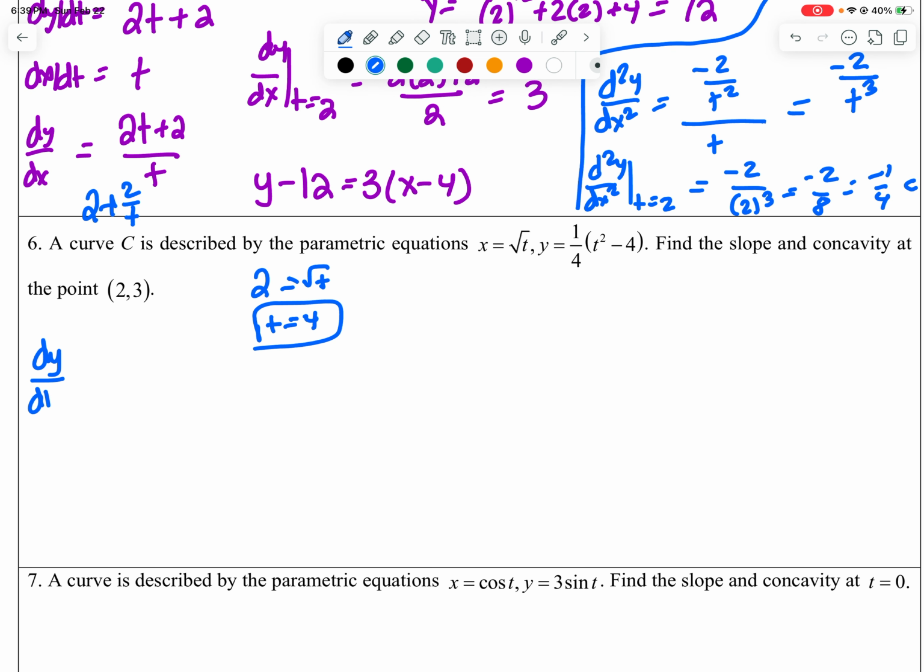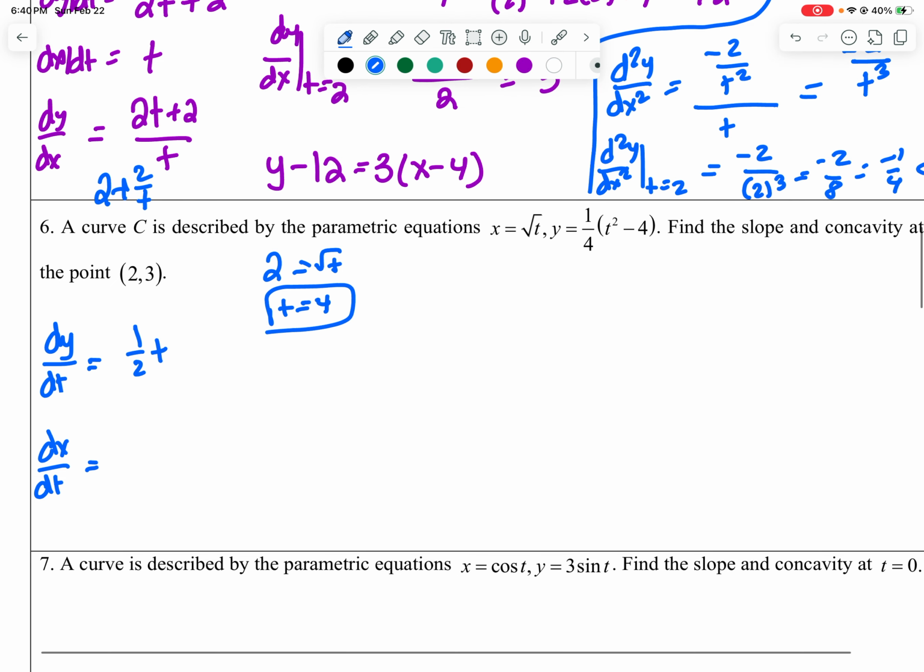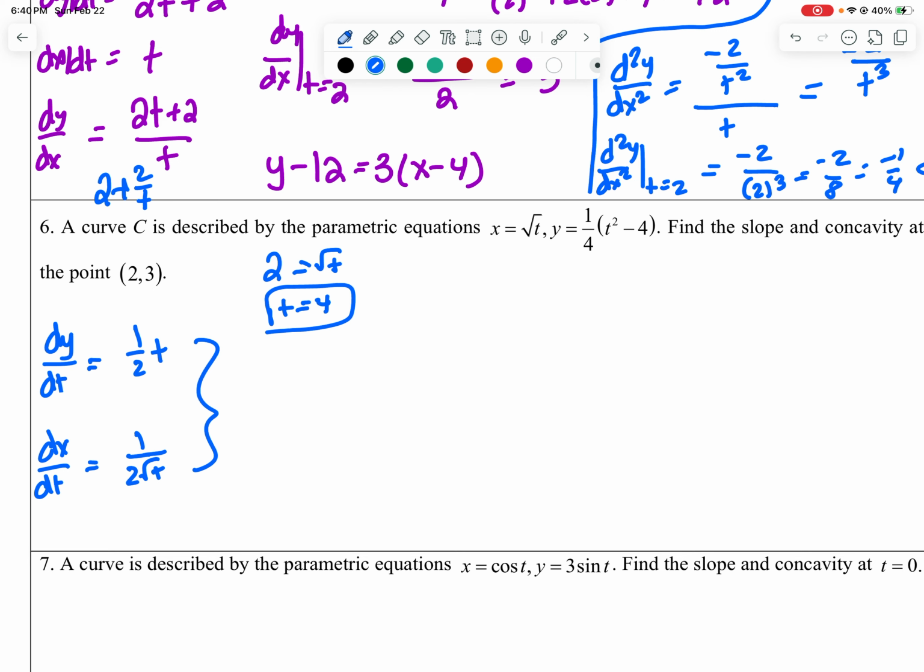All right, so then we need a couple of things. We need dy dt, dx dt, and then once we do that, we combine them together, and that's going to give us dy dx. So for dy dt, that's going to be 1/2 t, and then for dx dt, that's going to be 1 over 2 root t. And then for dy dx, that's going to be 1/2 t all over 1 over 2 root t.